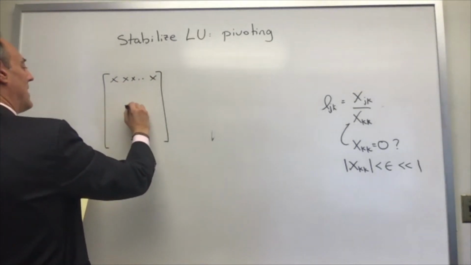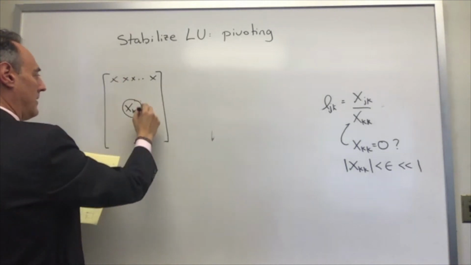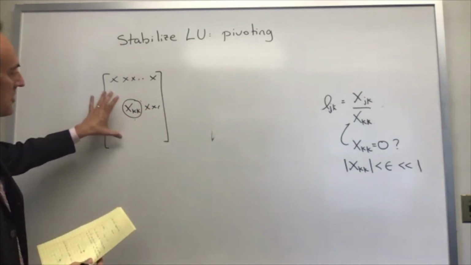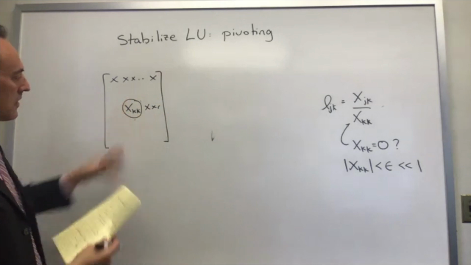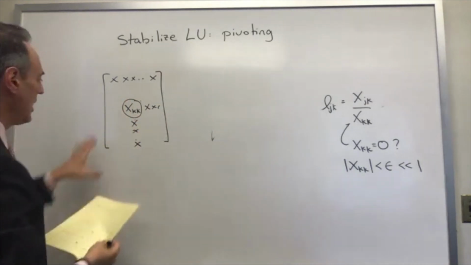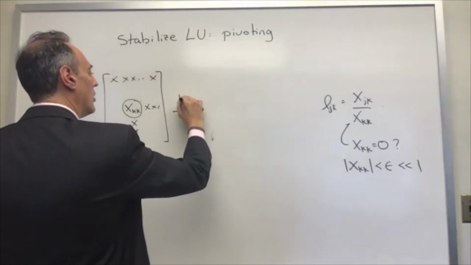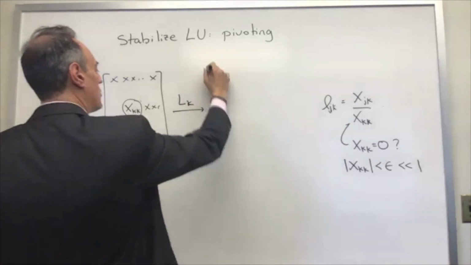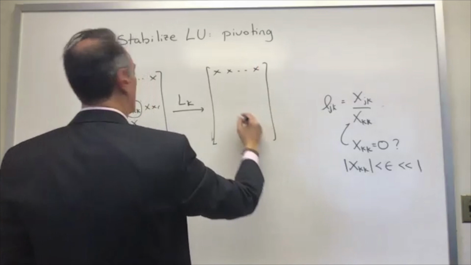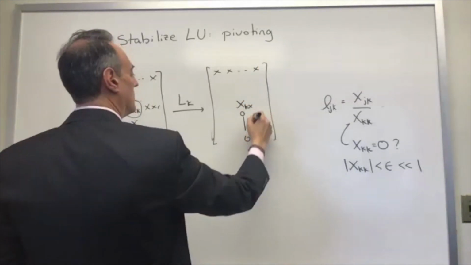Somewhere here, I'm at the kth diagonal. That's my pivot. And my goal at this stage, when I've got a bunch of elements below here, is to hit this now with L of k so that it zeroes everything out below x of kk.